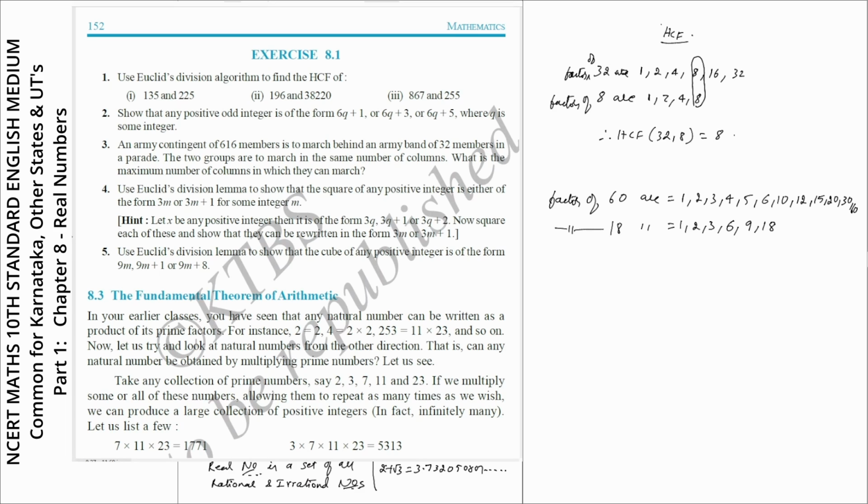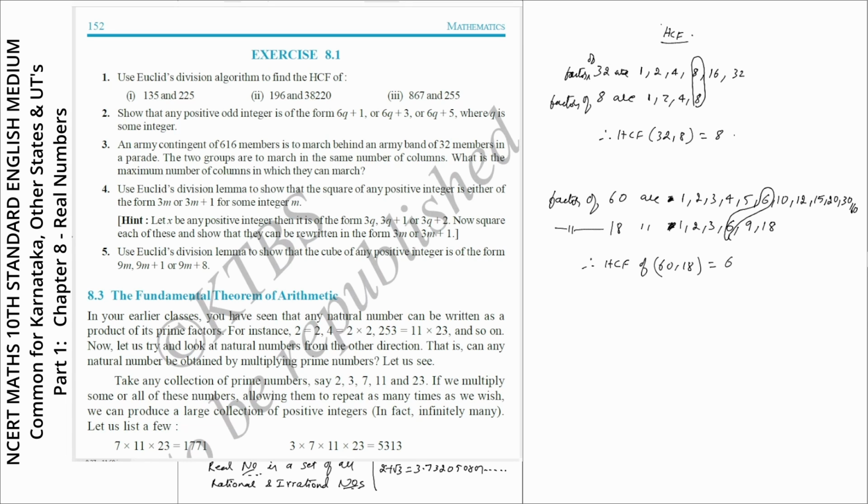Now among the factors, what are the common factors? 1 is a common factor, 2 is a common factor, 3 is a common factor, and 6, and 6 is the highest common factor. Therefore the HCF of 60 and 18 is 6. So this is the normal procedure which we follow to find the factors of two numbers, to find the HCF of two numbers.